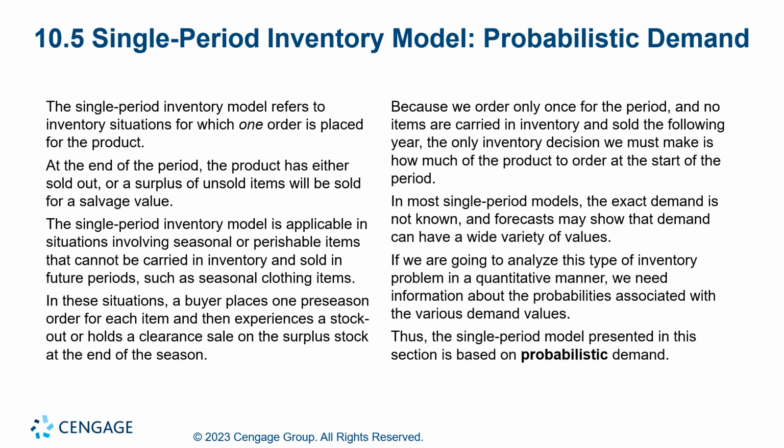In fact, forecasts may show that demand can have a wide variety of values. So if we are going to analyze this type of inventory problem in a quantitative manner, we need information about the probabilities associated with various demand values. Therefore, the single period model is presented in this lecture based on probabilistic demand.